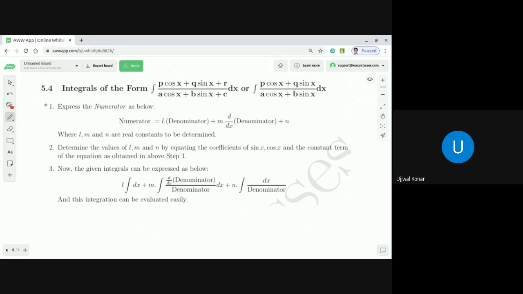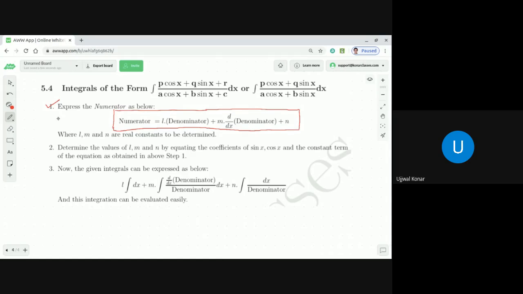Express the numerator as L into the denominator plus M into d/dx of the denominator plus N. I repeat: numerator is equal to L into denominator plus M into d/dx of the denominator plus N, where L, M and N are real constants to be determined.